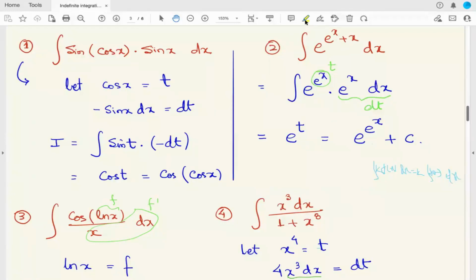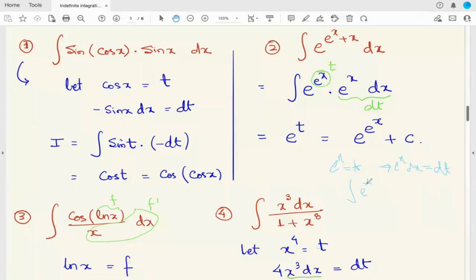If you do not understand, let me clear it. First I have to erase that. Okay, look at this. We substitute e to the power x as t, so our integration changes to e to the power t. When we differentiate this with respect to x, we get e to the power x dx is equal to dt.